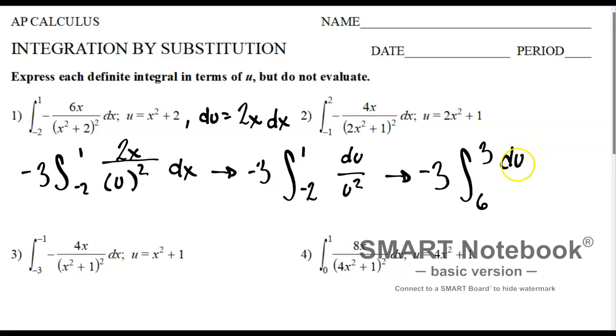We're going to go a little slow here. Then we can basically write it like this: the integral of negative 3 over u squared du, and of course our interval with respect to u. So you guys will have 2, 3, and 4 to practice on. Let's continue.